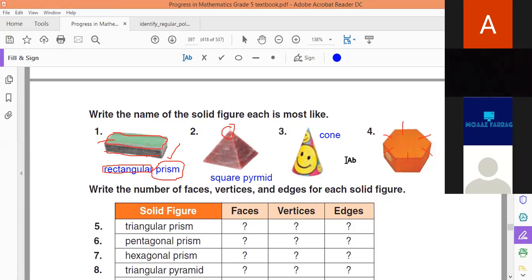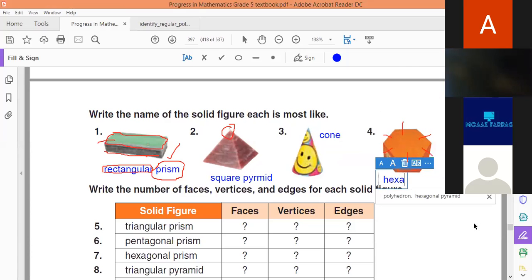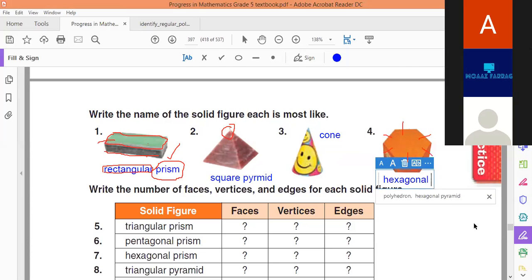Hexagonal. Hexagonal what, prism or pyramid? Prism. Very good. It's hexagonal prism. Is it clear? Yes.